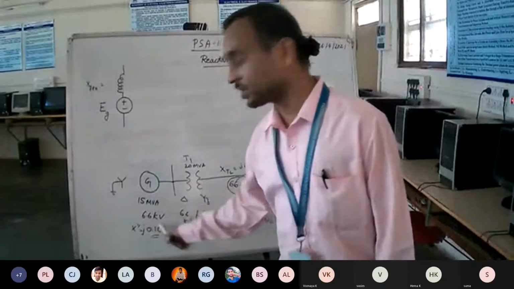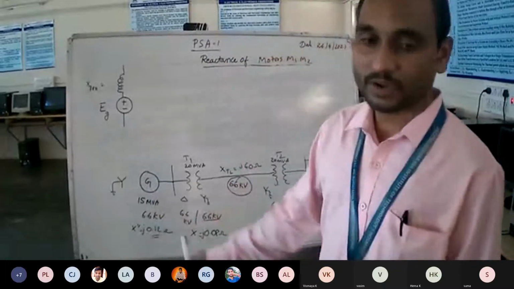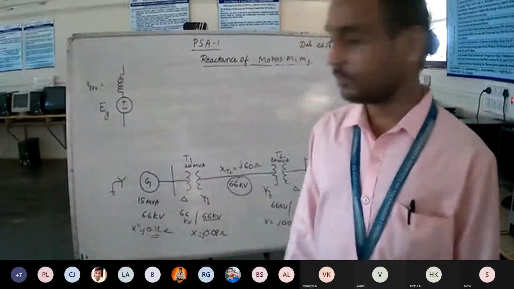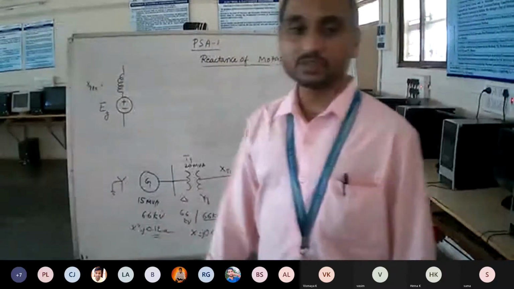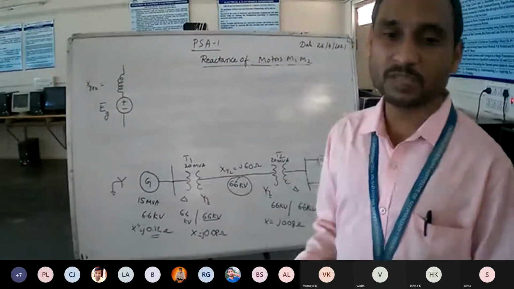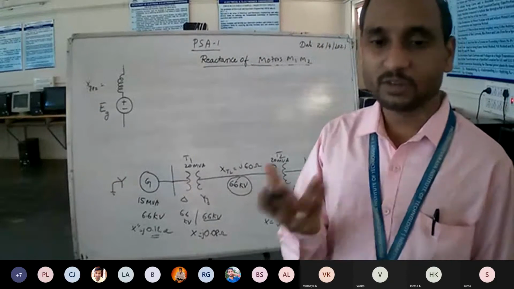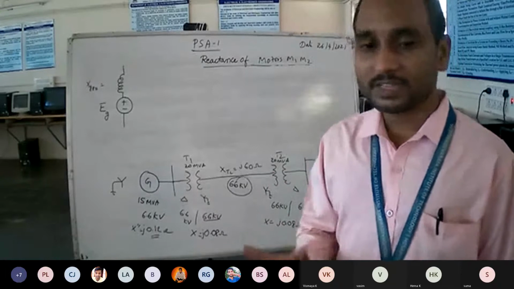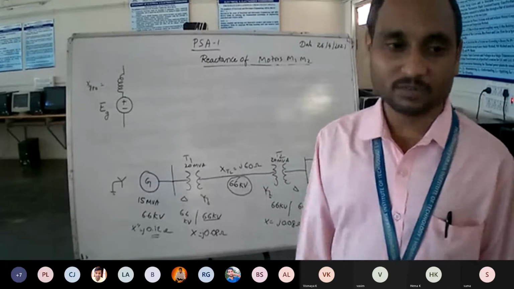Calculated and given are both equal. Whenever the base values are equal, the per unit value is also automatically equal, since per unit is actual value by base value, so the answer remains the old one itself.